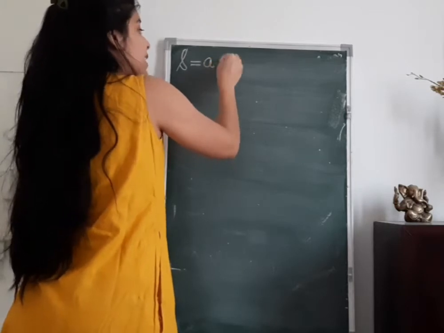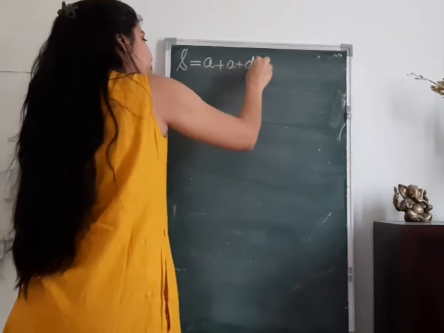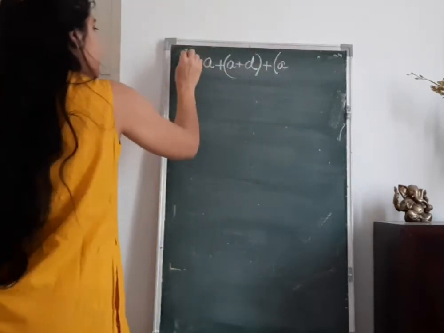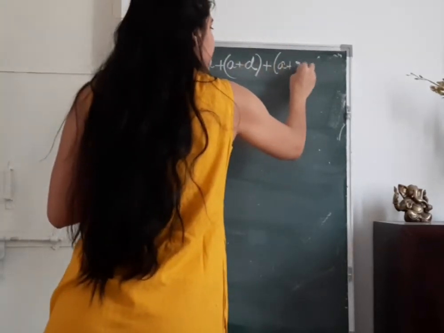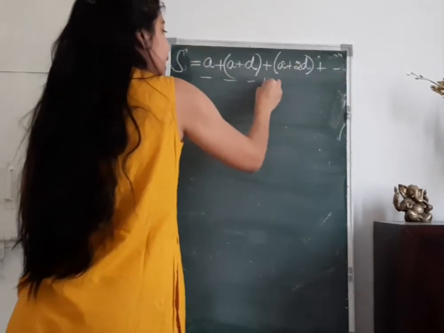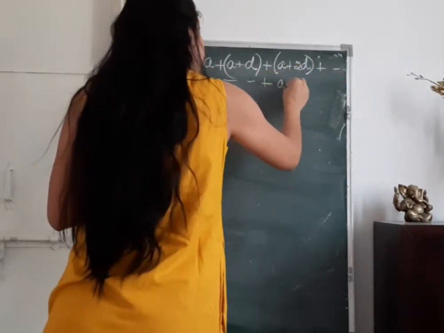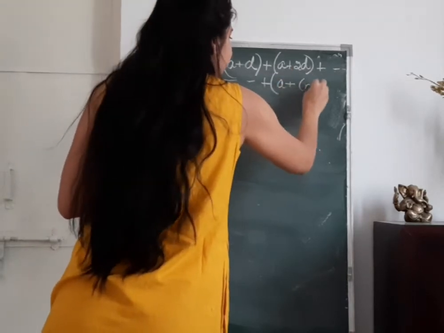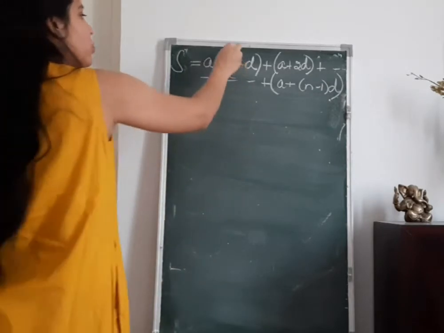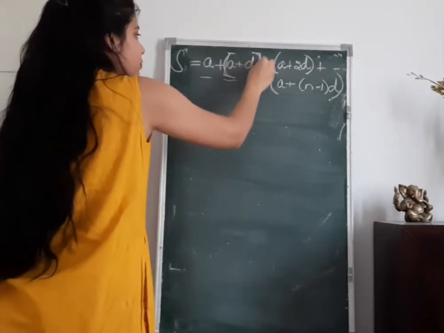A1 is A, A2 is A plus D, A3 is A plus 2D, and so on. An is A plus n minus 1 into D. Right? Let me use these brackets so that you don't get confused.